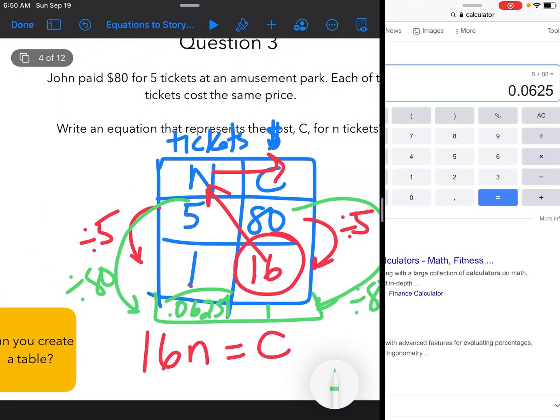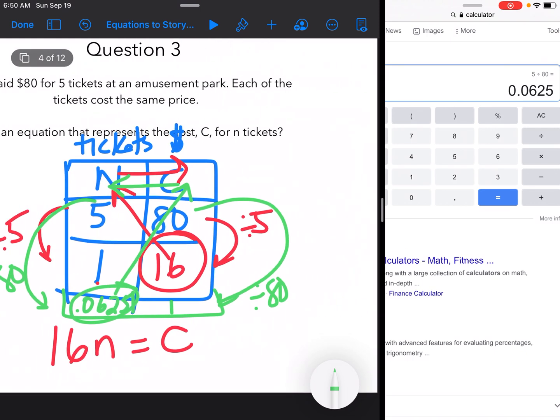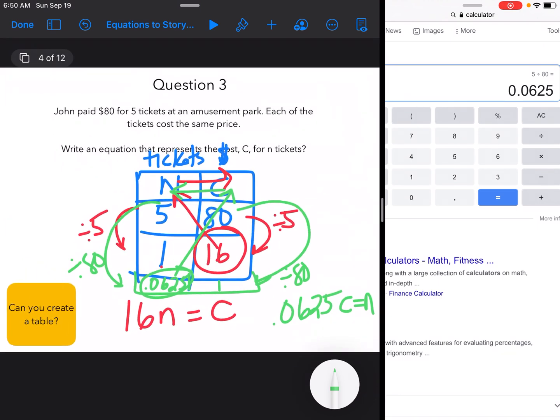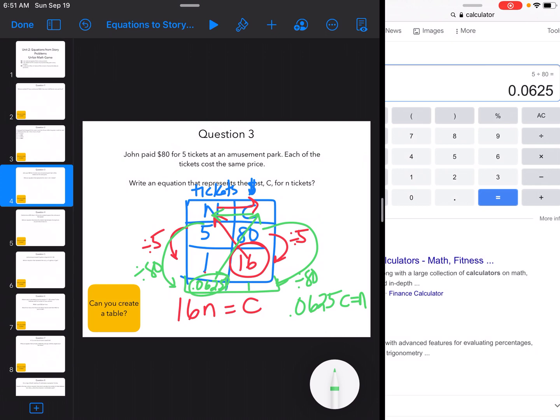So this time I know that this times the cost is going to give me the number of tickets. So my other equation could be 0.0625C equals N. So sometimes when I have multiple choice questions and I have to choose the equation, I might have to switch around where my constant of proportionality is. So either one of those equations would get me the missing value.